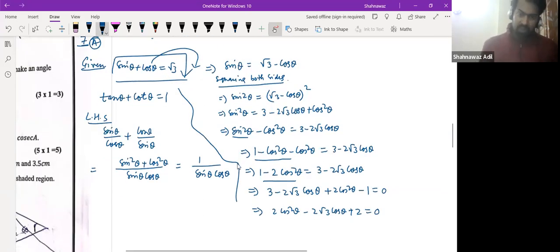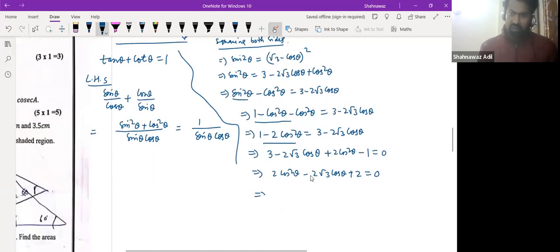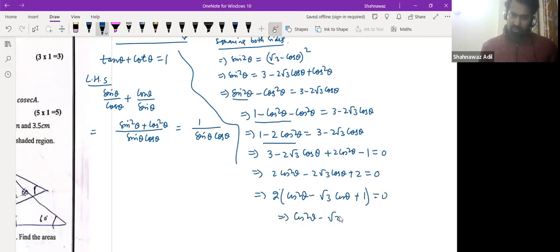Good, absolutely good. We can divide by two, take it common, and cos square theta minus root 3 cos theta plus 1 is 0. So we can write it as this. This is a quadratic equation.